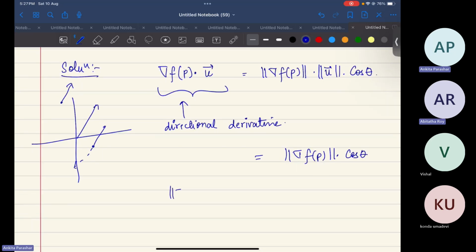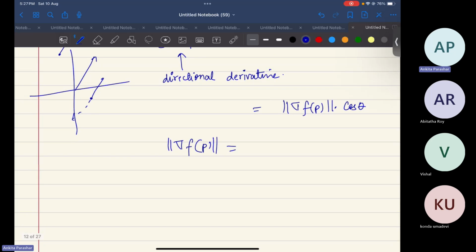Okay, so what is the norm of delta fp? The norm of the gradient of fp would be simply the root of del f by del x whole square plus del f by del y whole square plus del f by del z whole square.